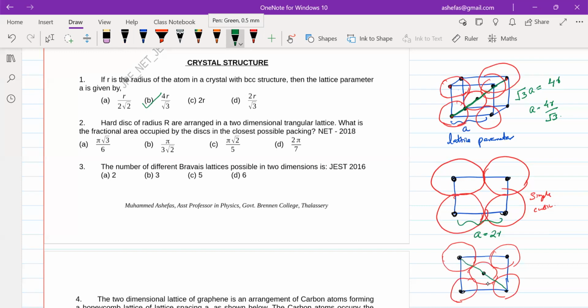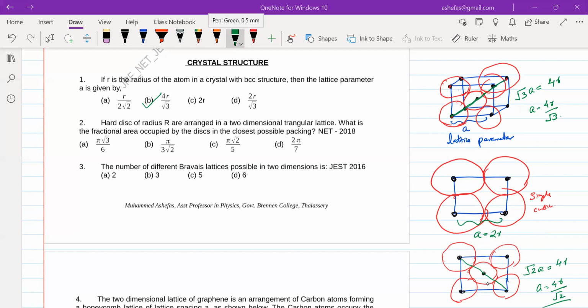So this is the face diagonal. The face diagonal is written as root 2 times the lattice parameter. Root 2 a is equal to 4r, so therefore a is equal to 4r by root 2. Okay, so that's all about question number 1, and we have discussed all 3 different variations of the first question.